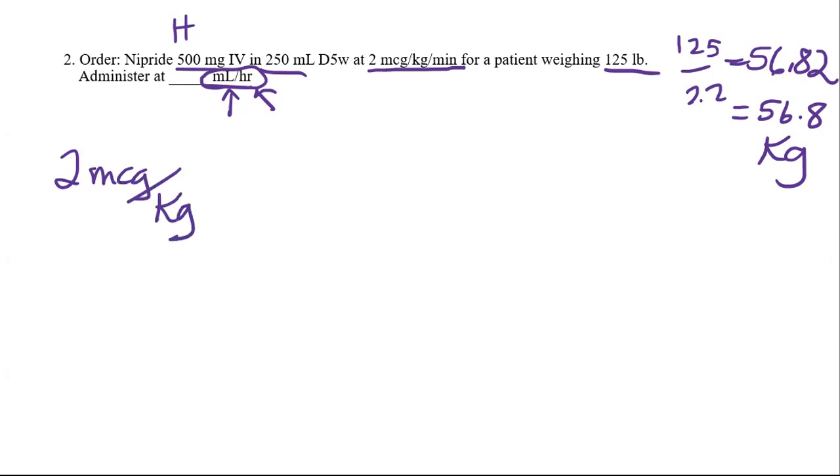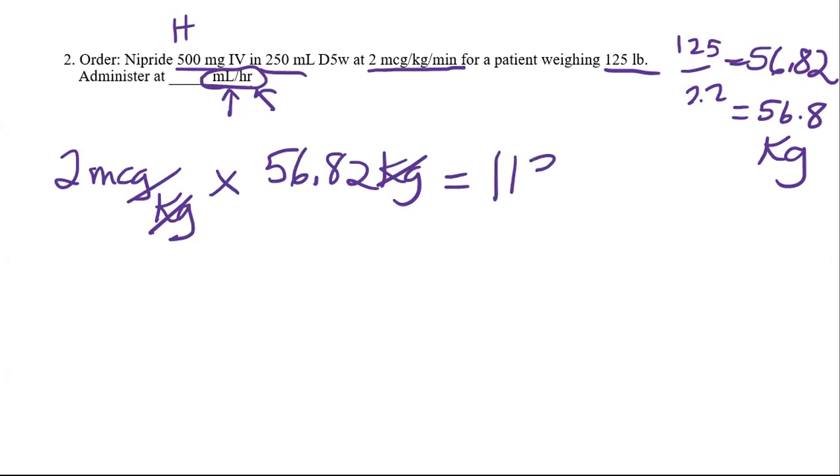Okay, so we need to multiply by 56.82 kilograms. We can cancel kilograms on both sides. So then we're going to multiply 56.82 by 2. Okay, 56.82 times 2 is 113.64, and that's micrograms per minute.